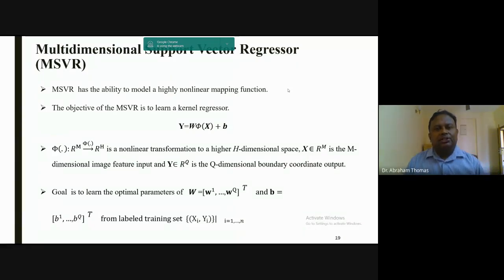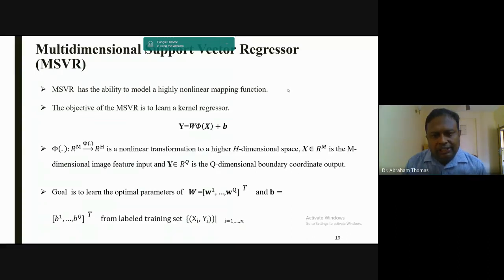So what's the size of W? W is actually a Q by H matrix, and b is a q-dimensional vector. The goal is to learn the optimal parameters.